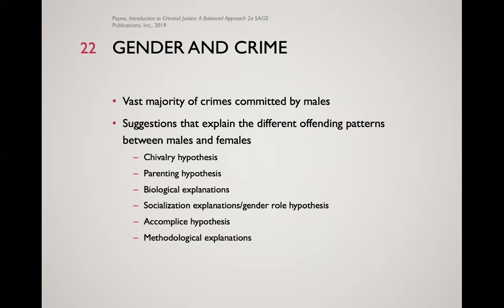Let's see here. Gender role is the norms for behavior between males and females lead to higher male crime rates. This kind of gets to that southern subculture of violence and challenging your honor, this, that, and the next.